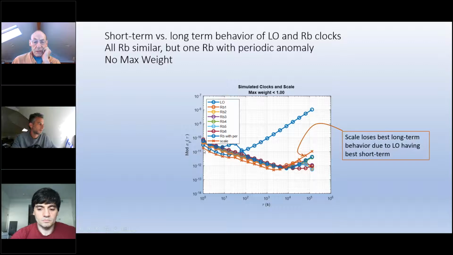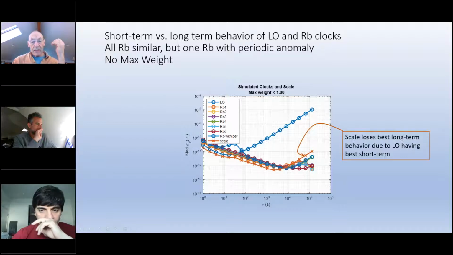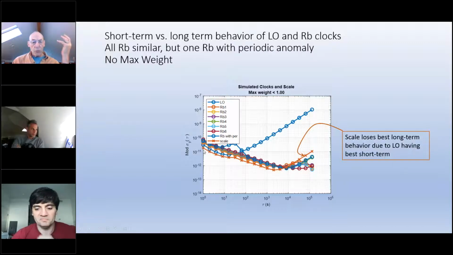But because the local oscillator is much better in short term, it gives it a much higher weight. If you had something that was 10 times better in stability, the variance is the square of that. It means it's 100 times better in weight. The weight is going to be 100 times higher, or it's going to get 99% of the weight of the scale in any measurement cycle.